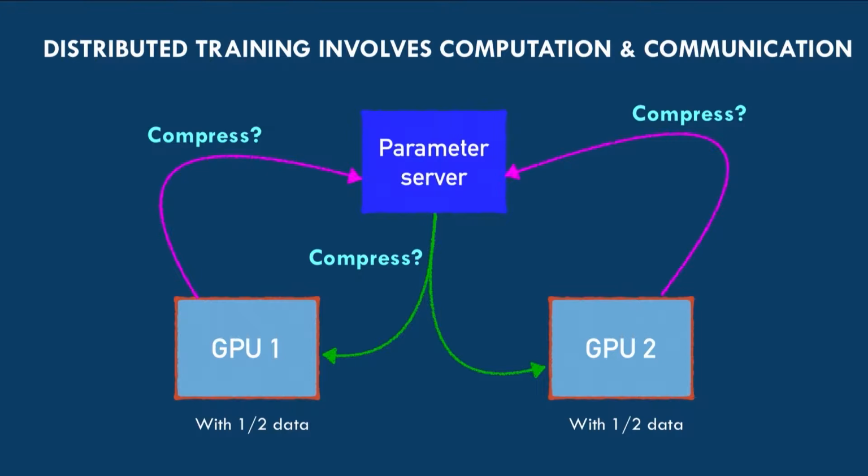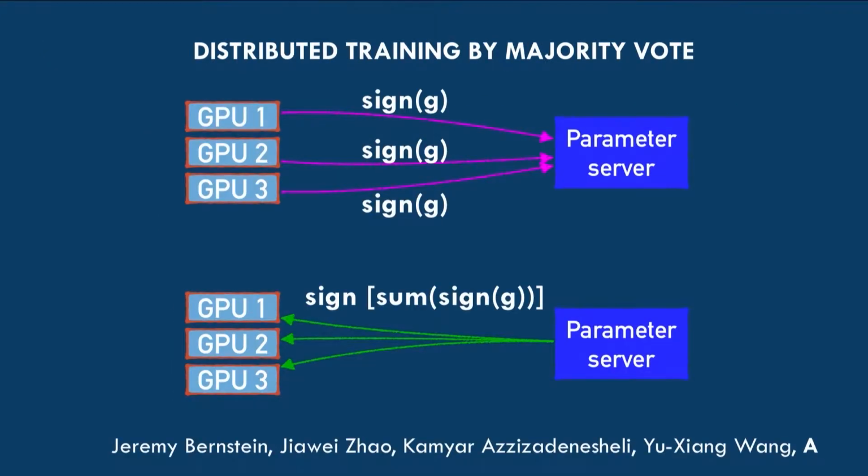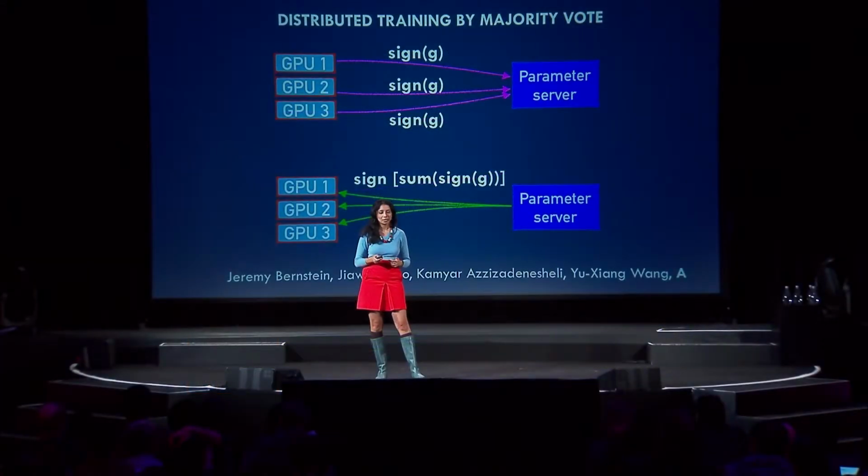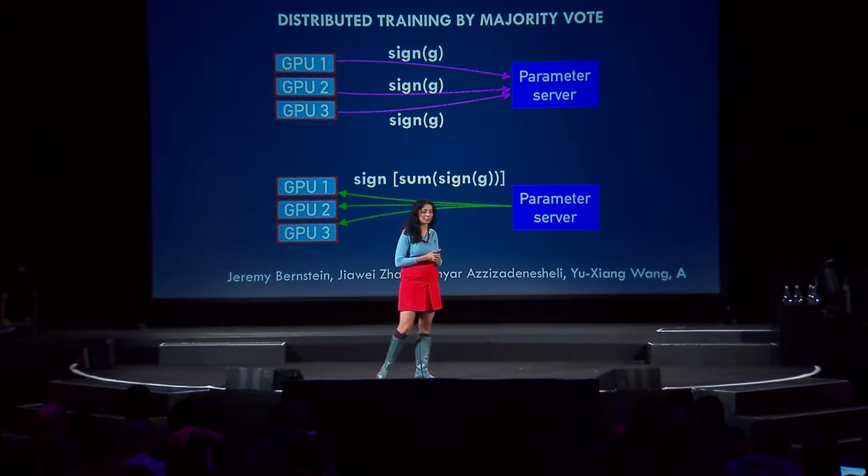We looked at the very simplest form of compression, which is just to send the sign of each coordinate. You send the signs to the parameter server, and what the parameter server does is a majority vote and sends it back. In contrast, with stochastic gradient descent, you were doing averaging, right? On both sides, there is a 32x savings in how many bits you send. So this is great, there is communication savings, but then how well does this do?